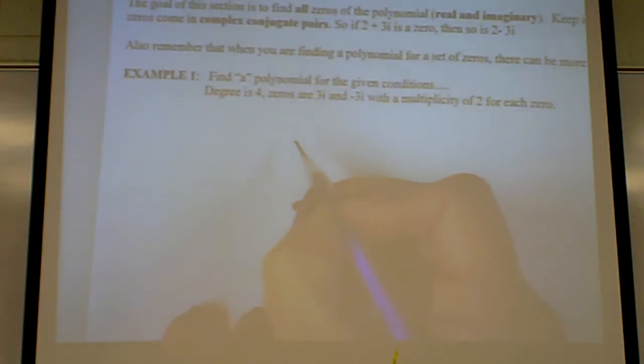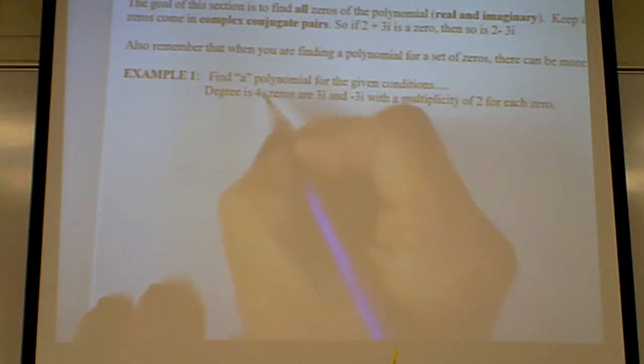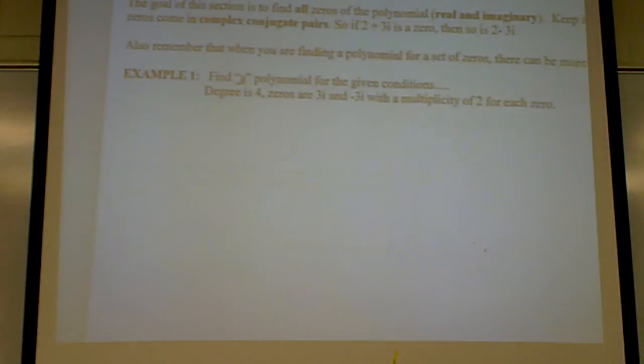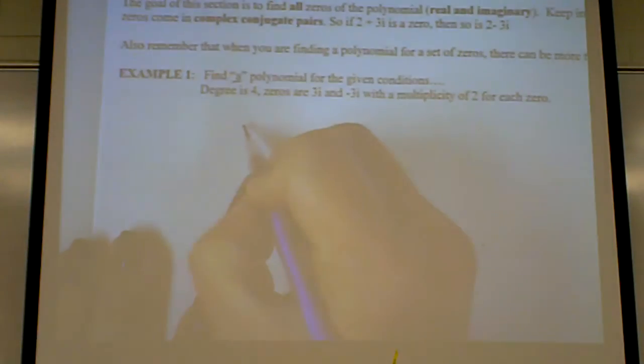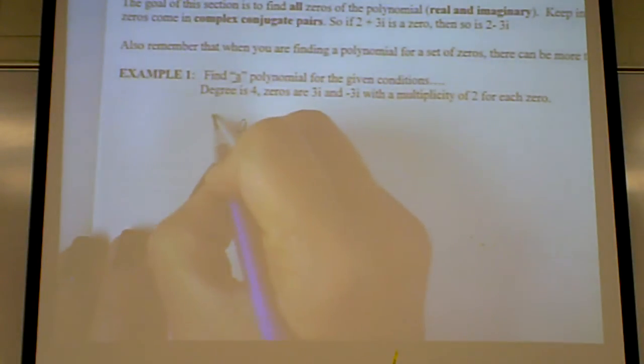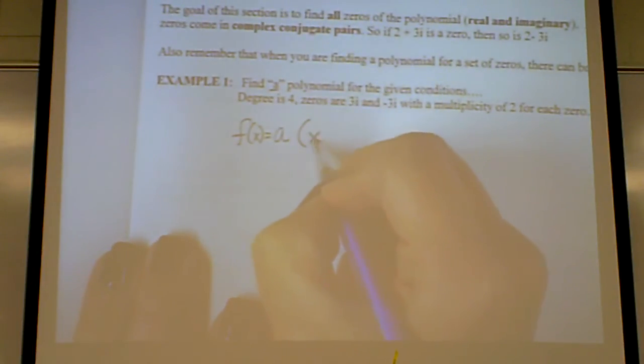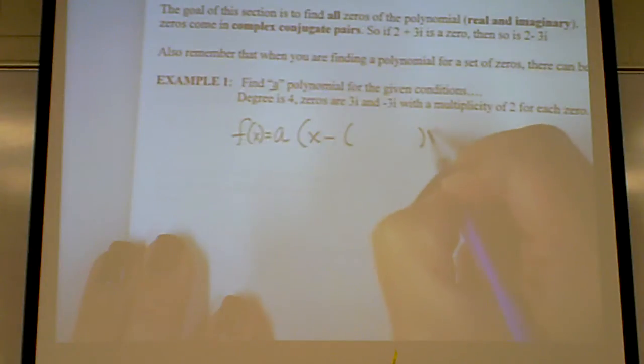You're going to be asked to do 2 different things. You're going to be asked to find a polynomial or find the polynomial. A polynomial is an open-ended question, meaning the a value, you know when you write a function, goes like this: f of x equals the a value, and then it goes x minus, and then these are your zeros.